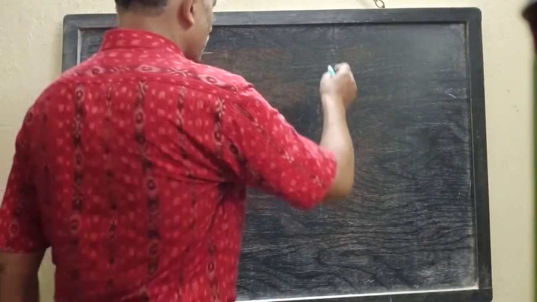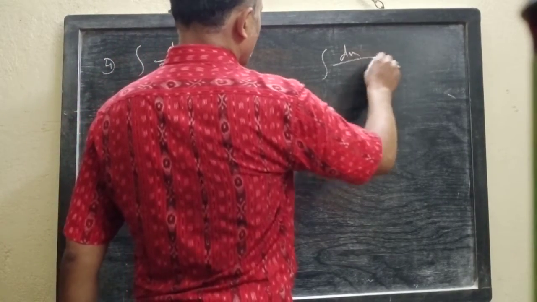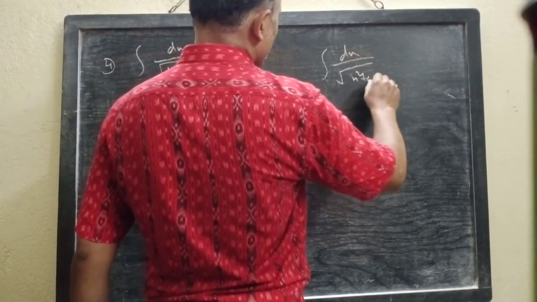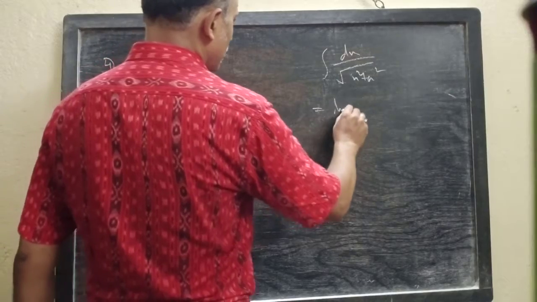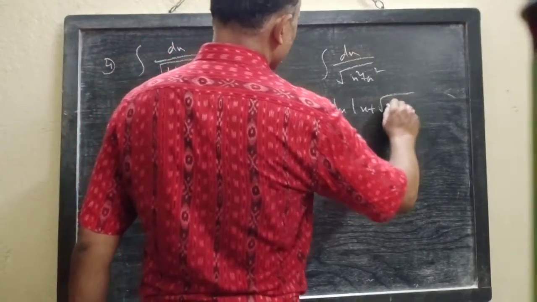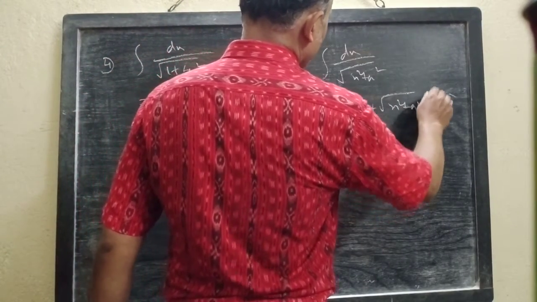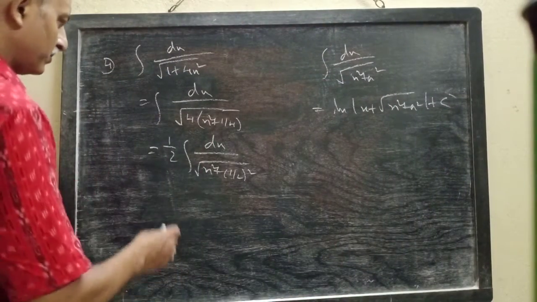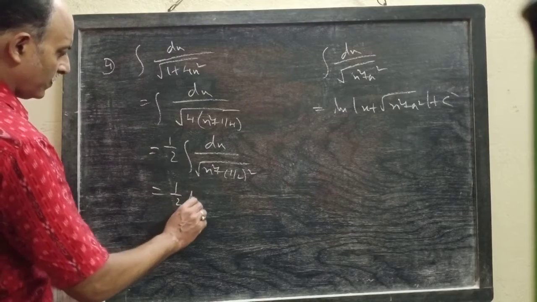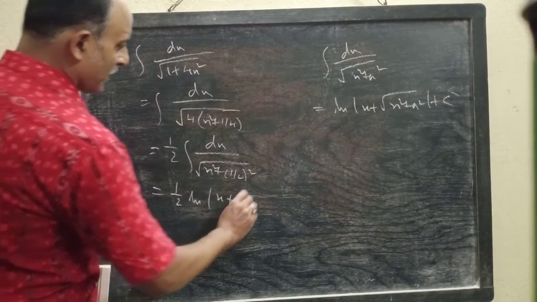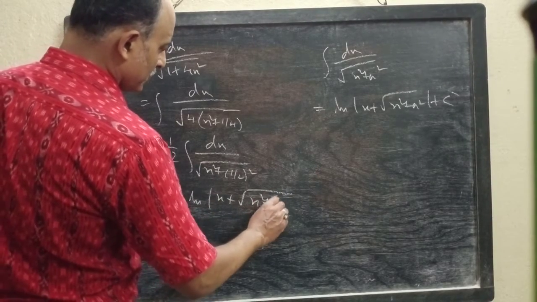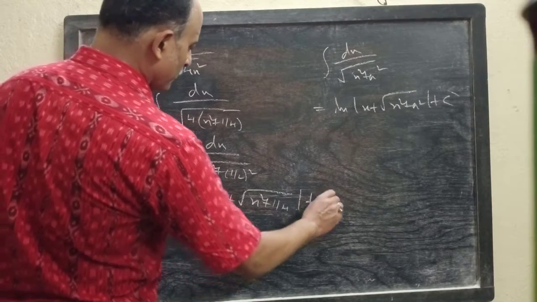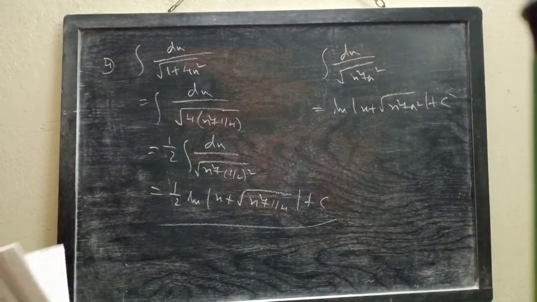Now recall the formula: integration dx by root over of x square plus a square is ln of mod of x plus root over of x square plus a square plus c. So here a is half. So your answer will be half ln of mod of x plus under root x square plus 1 by 4 plus c. This is your answer.